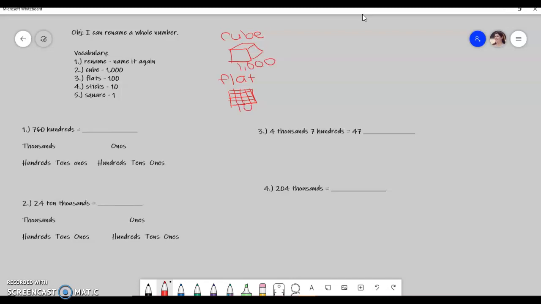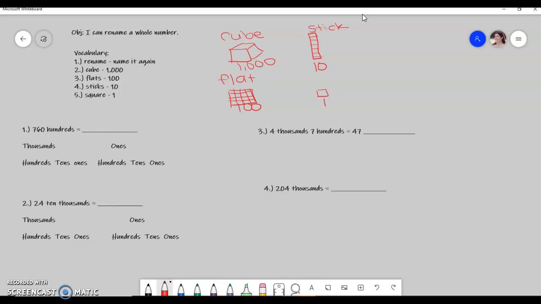This is worth 100. And then we have a stick. A stick is one of the long pieces that you find in the flat, and this is actually worth 10. That is a stick. And then we have a square. One tiny little square in that stack of 10 in that stick.